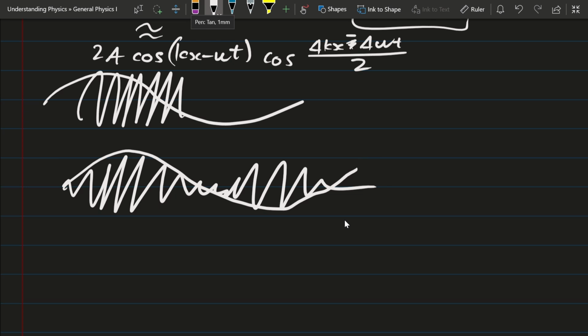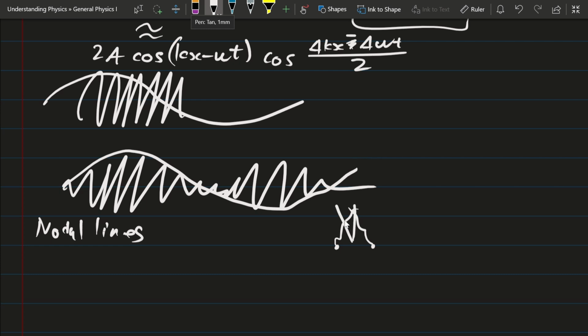So that's about beating. So after we have talked about beating, we will now talk about nodal lines. So nodal lines are basically if you have two sources and they produce waves, you would later see that there are certain parts in which there are no displacements, and those are called nodal lines.